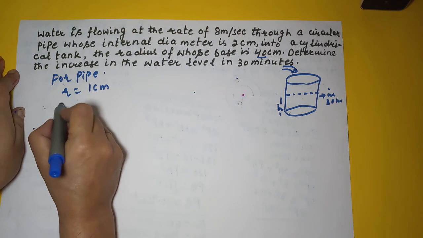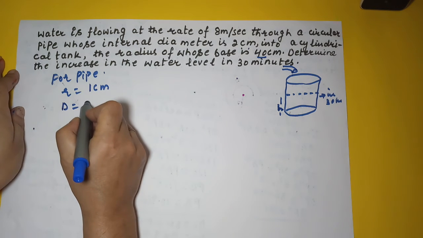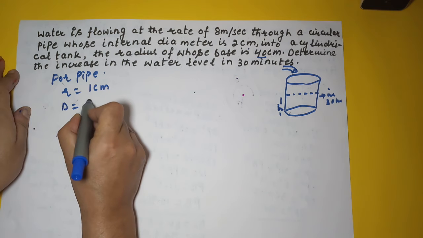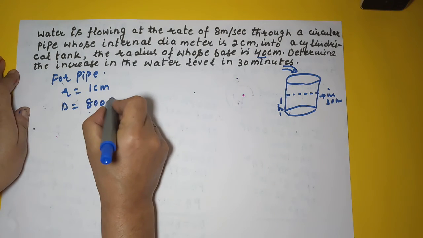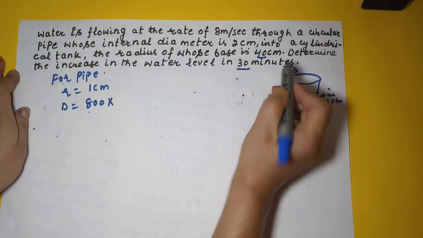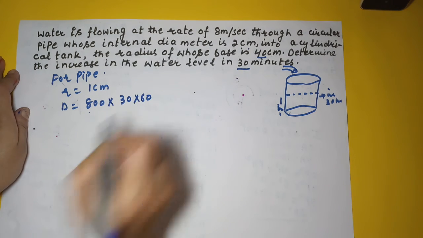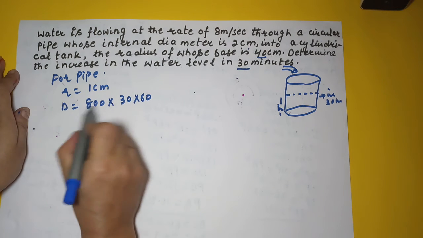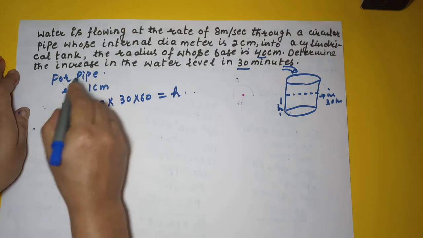So I can calculate the distance here, and distance will be speed into time. So what is my speed? 800, let me convert this into centimeters, into time which is 30 minutes. I'll convert this into seconds, so into 60. So this is my distance.